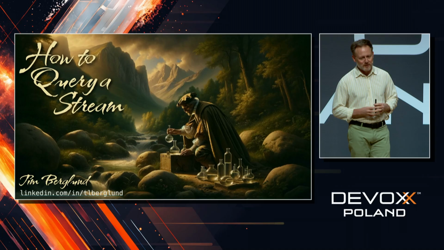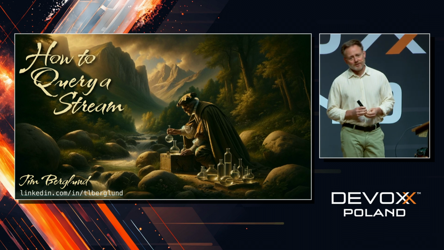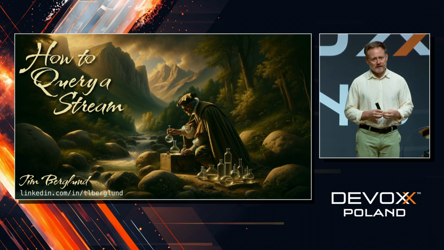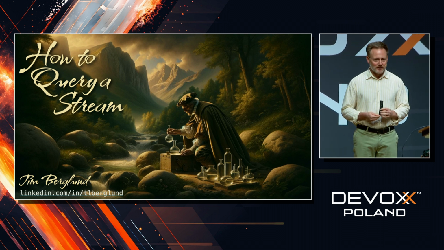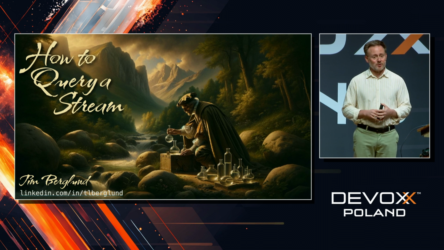Now, the visuals for this talk, just a quick note. I went a little crazy with Gen AI because aren't we all these days? But all of these pictures are based on the style of an Italian Renaissance artist named Caravaggio. If you know your art history a little bit, he was one of those guys who was a big deal.